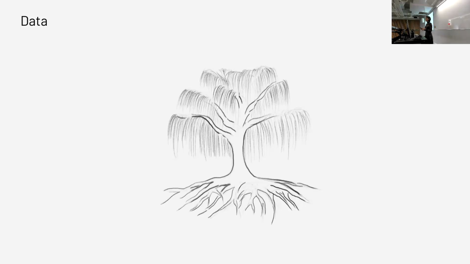It's not just enough to feed in diverse data, but I want to go back and have you do this thought exercise again of the tree, right? If I'm teaching a class to children and I ask them to draw a tree, they may or may not draw trees with roots, right?